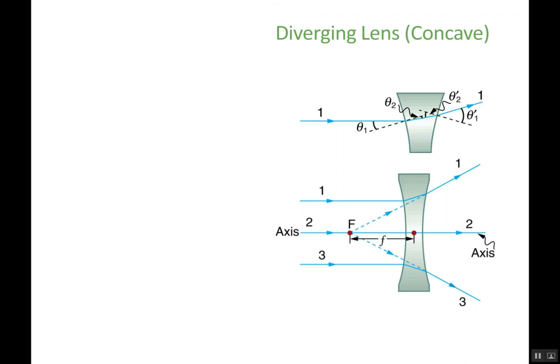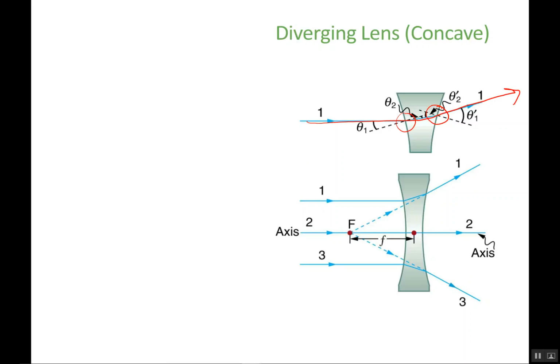The shape of a concave lens causes parallel rays that enter from one side to diverge, to follow diverging paths when they emerge from the other side. So notice the law of refraction is still obeyed at both boundaries between the air and the lens, here and here. But now, since the curvature is different, the net effect is drastically different.